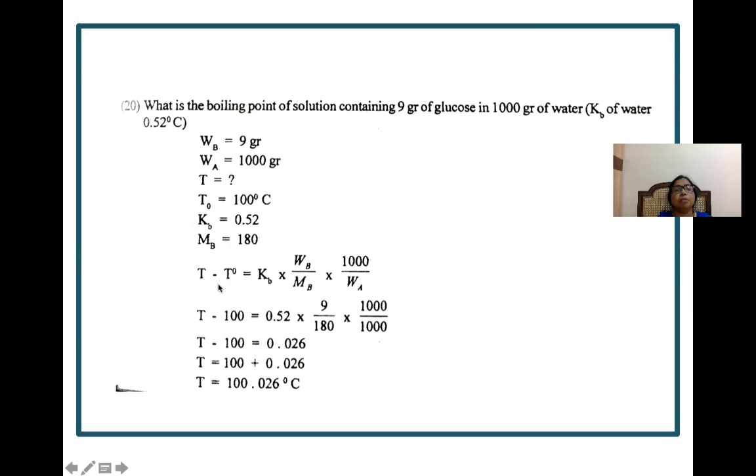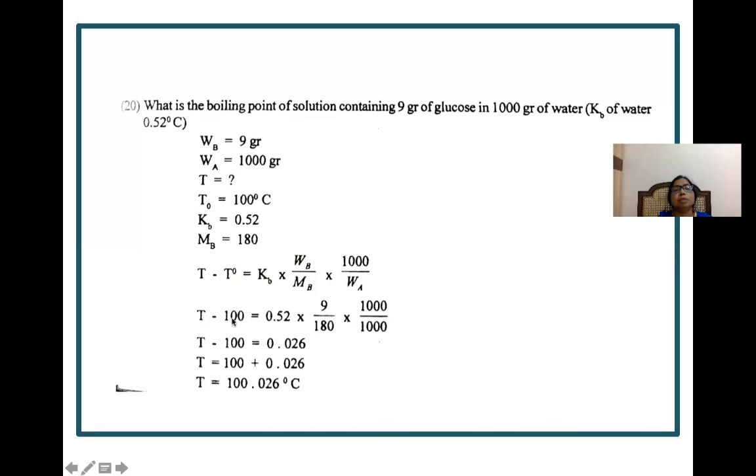The formula is this: T minus T naught is equal to Kb into Wb by Mb into 1000 by Wa.